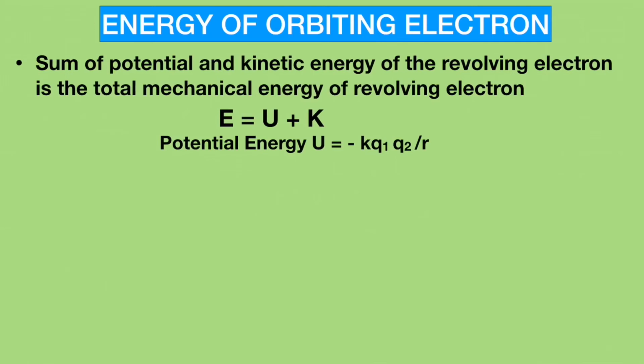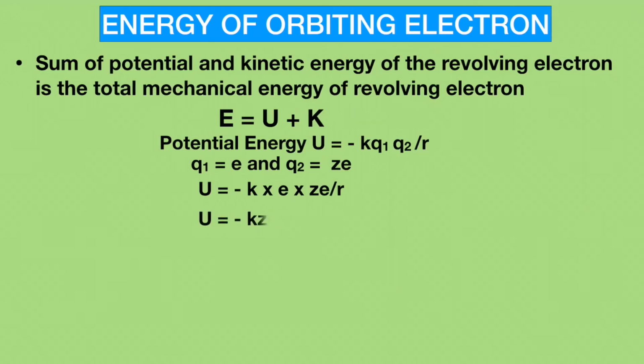This is electrostatic potential energy. Here Q1 = e and Q2 = Ze. If you replace these, you get U = -k·e·Ze/r, that gives U = -kZe²/r.